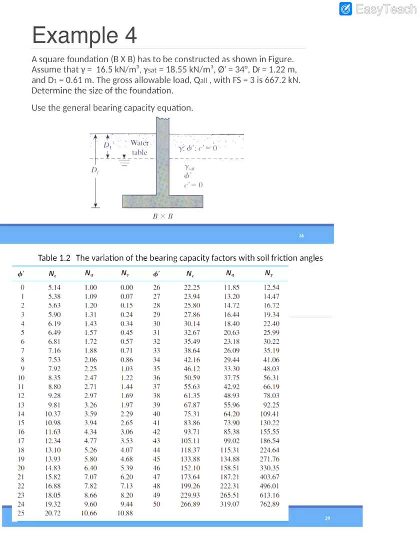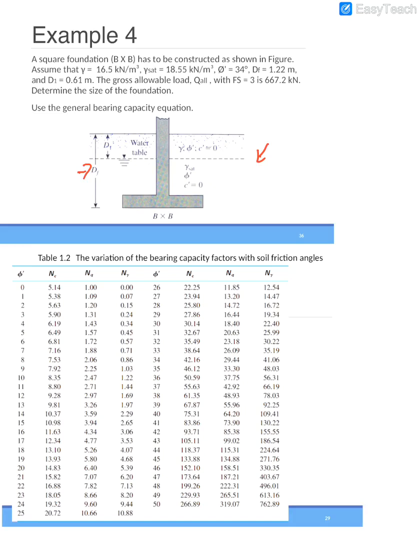Assume gamma is equal to 16.5 kilonewton per meter cube, and gamma saturated is 18.55 kilonewton per meter cube. The friction angle phi prime is equal to 34 degrees. Df, the depth of the foundation, is 1.22 meter.